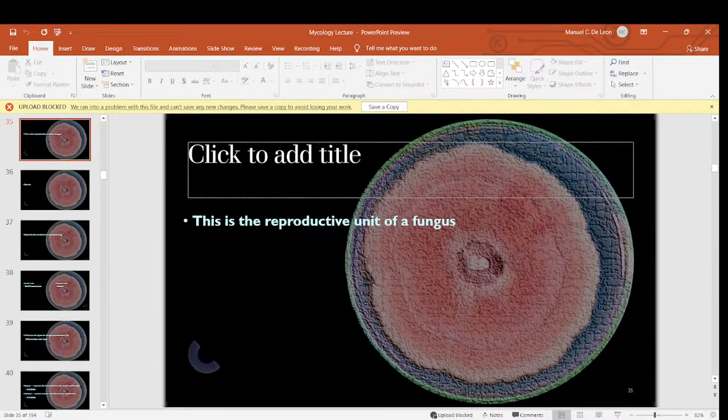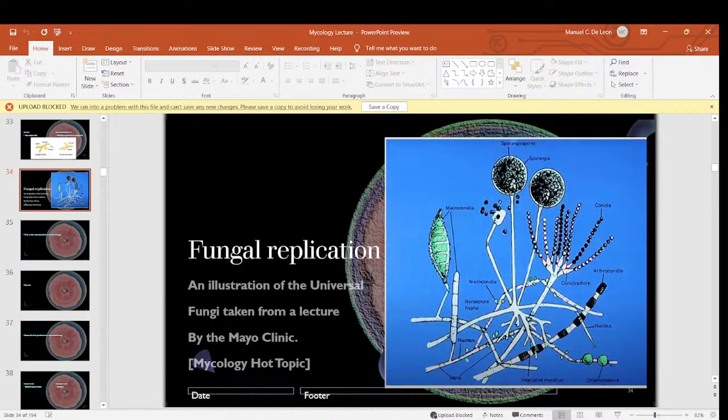I'm going to go back to the picture of the universal fungi. Can you tell me which one is produced by asexual production? Asexual means it's just through binary fission and either nuclear or cytoplasmic division.